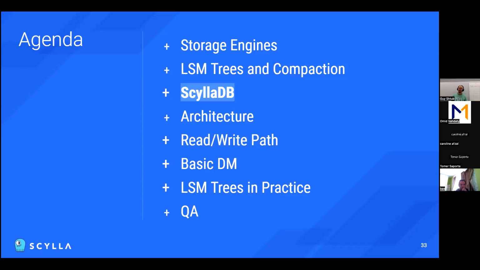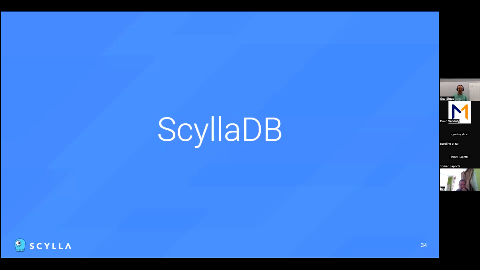I think that pretty much everything that I will be talking from now on is also relevant for Apache Cassandra, for other NoSQL databases like DynamoDB, but I will be using ScyllaDB as an example for explaining those concepts moving forward.